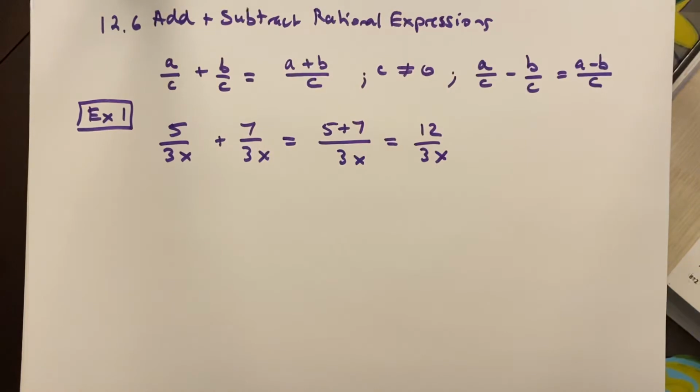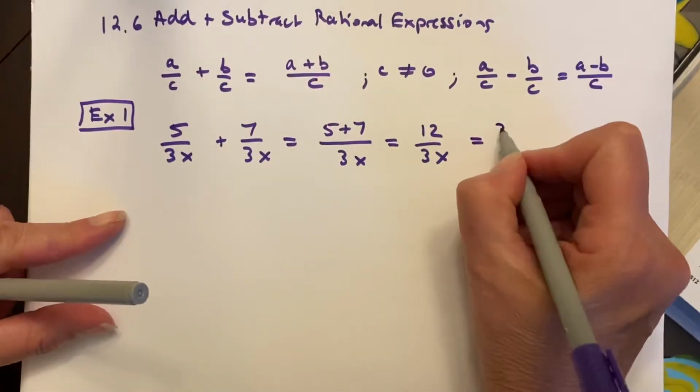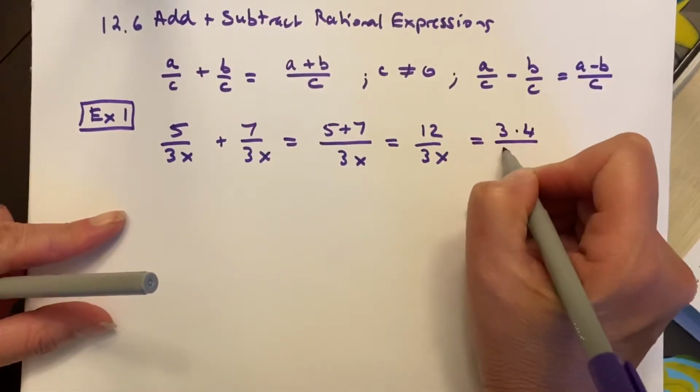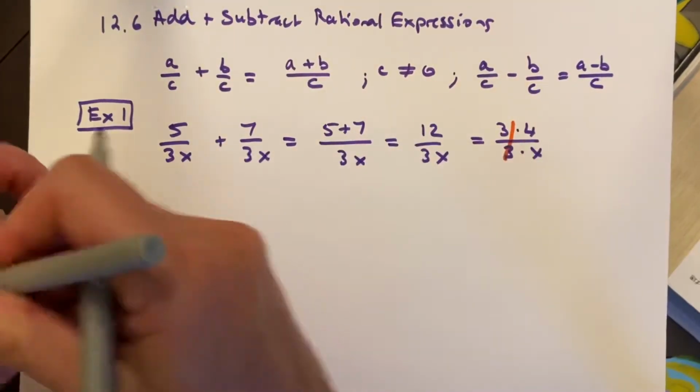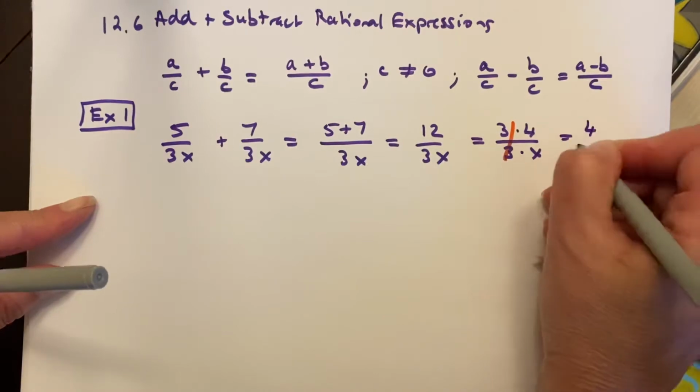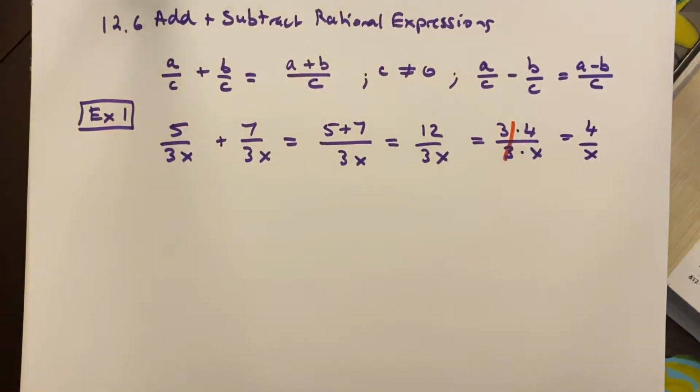Once I've done that, I've got one more thing to do. I need to make sure I simplify it, and I know that 12 is 3 times 4, and this is 3 times x, so I can cancel, and my answer is 4 over x.